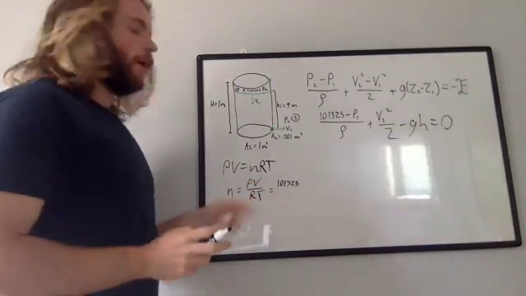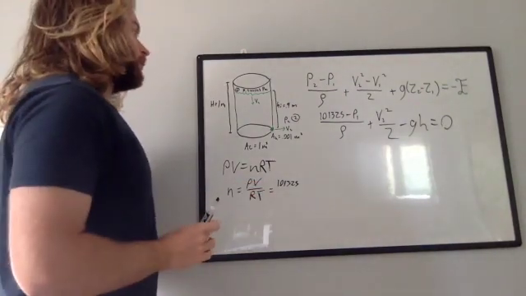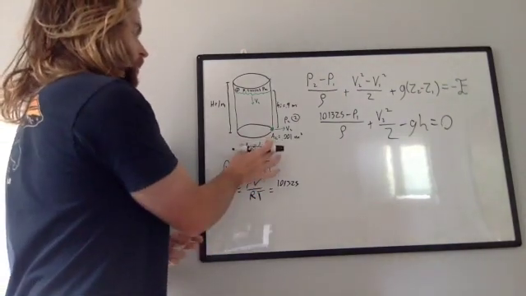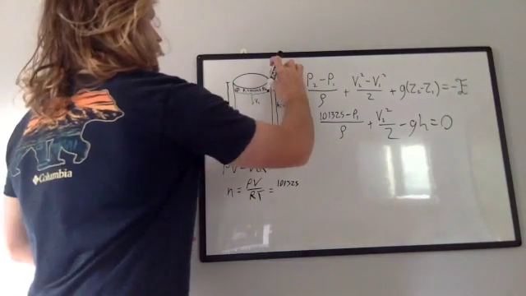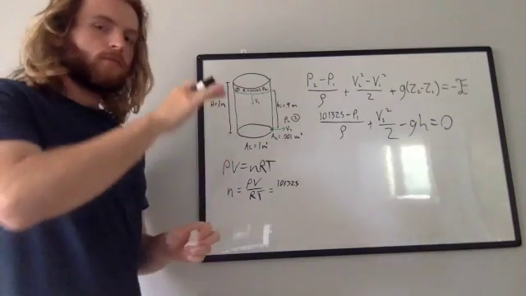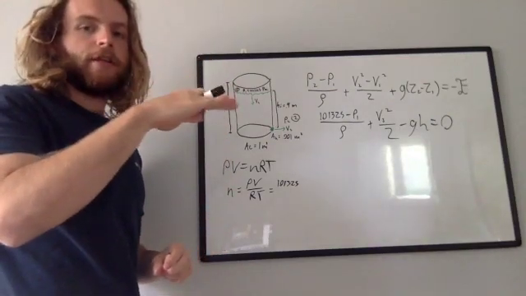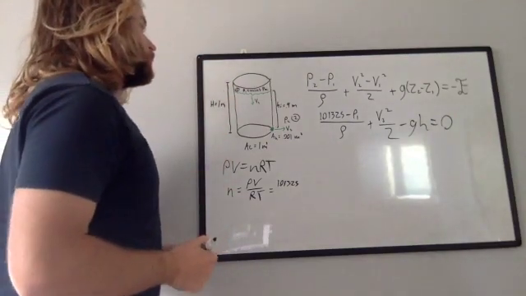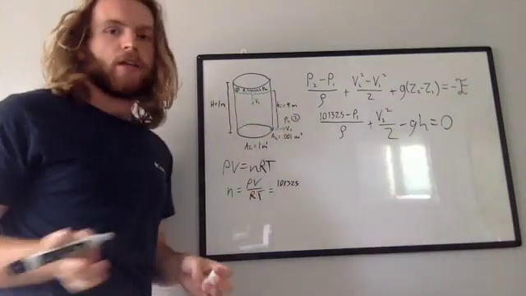And then for the volume right here, we know that it is going to be our cross-sectional area multiplied by this height right here, the height between where the top of the fluid level is and the top of the cylinder, which we can get by doing H minus HI, right?